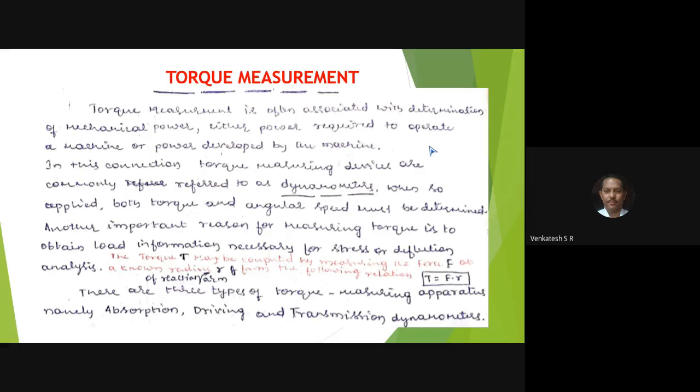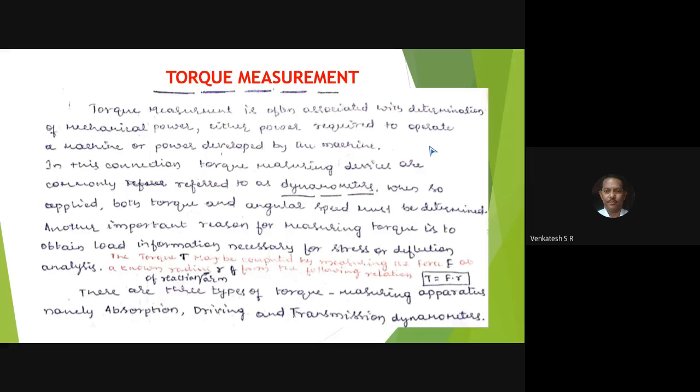The torque can be computed by measuring the force F and the radius of the reaction arm, small letter r.